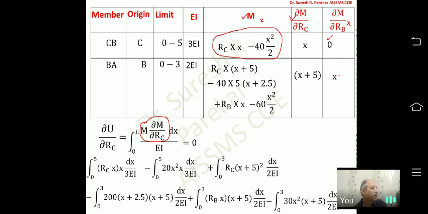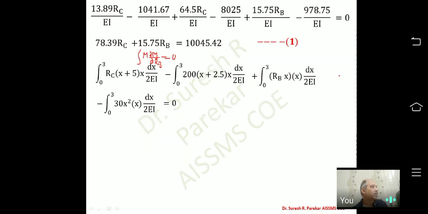So we are going to get these four terms over there, 1, 2, 3, 4. RC x plus 5x minus 200, that is 40 into 5 x plus 2.5x, RBx into x and 30x square x dx upon 2EI. We have 2EI only because we have only the CB portion.